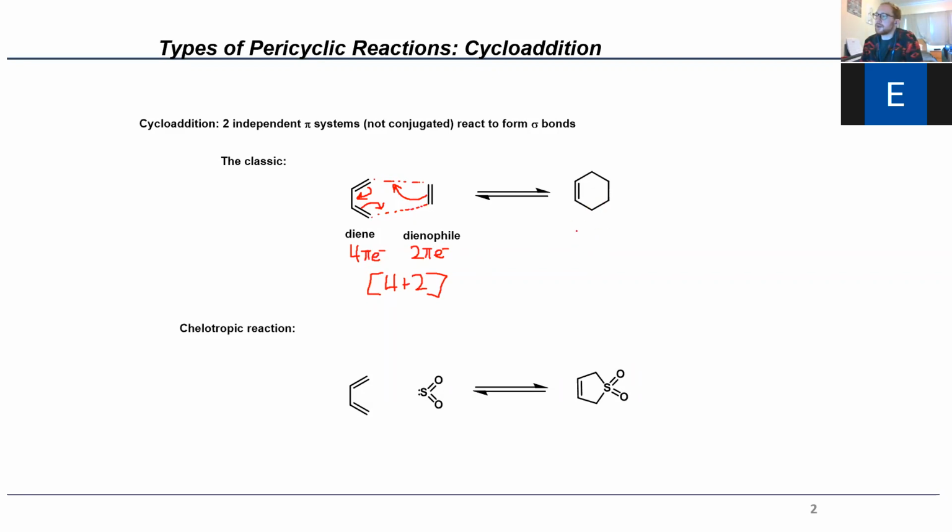And so we'll note that in this system, we've moved 4 pi electrons to 4 sigma electrons and 2 pi electrons.